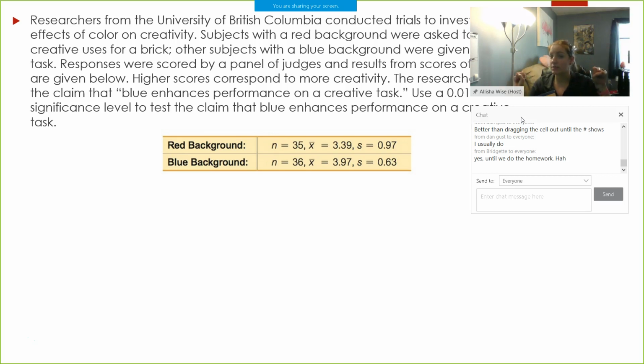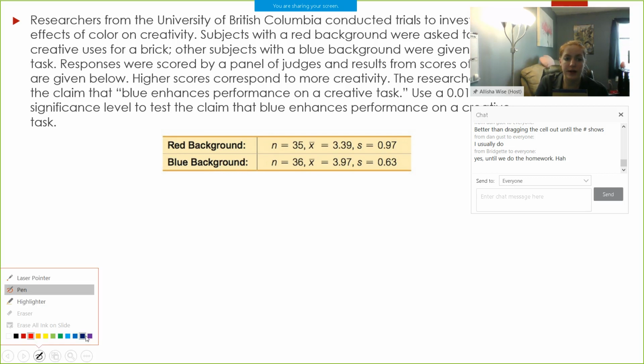One's 35, one's 36. That's a dead giveaway that they're independent because you can't match them up. So one looked at red, one looked at blue. Here's all the information. Let's call the first group, group 1, so we're going to label all their variables 1. Group 2, we're just going to label all their variables 2.